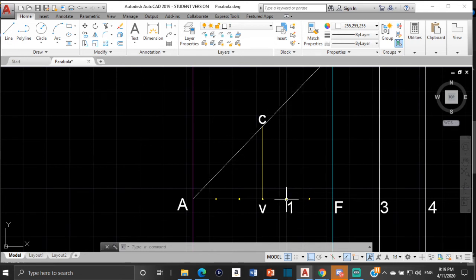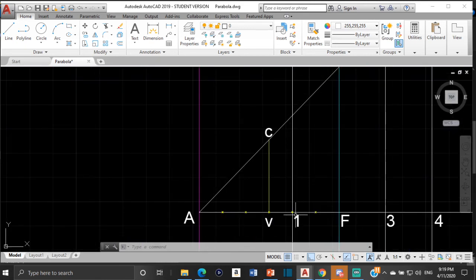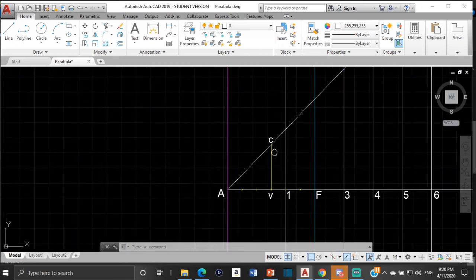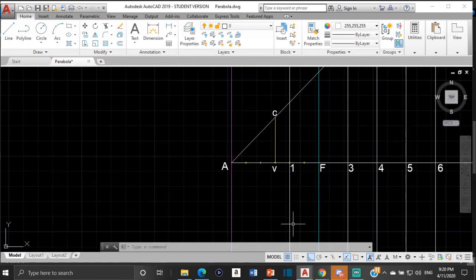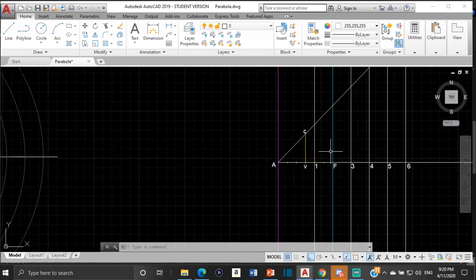I would have this radius from 1 to that point there. I would put my compass point at F, then I would cut line 1 both above and below. And I would do that for all the other points.